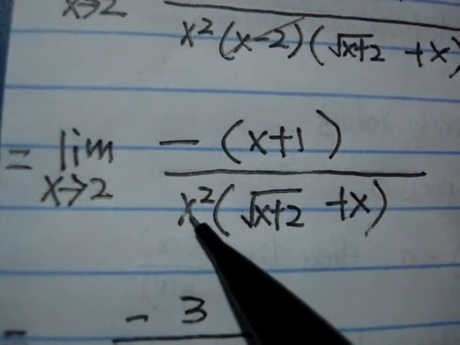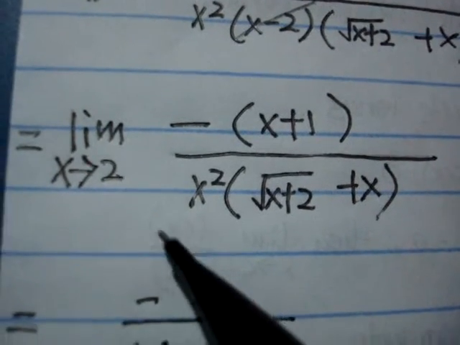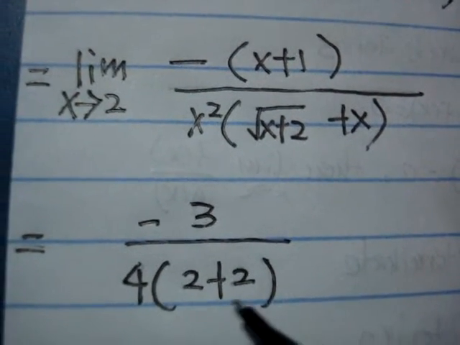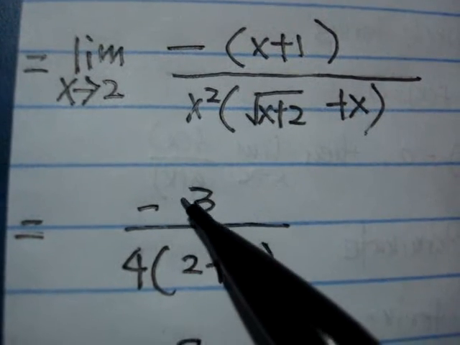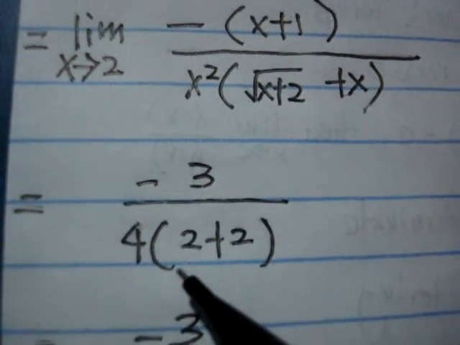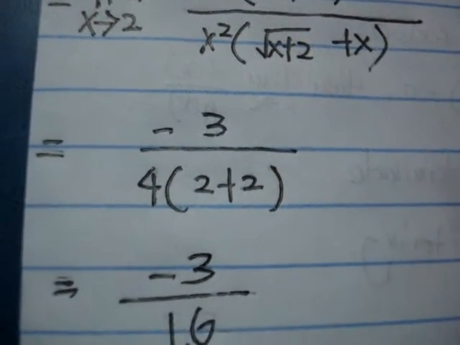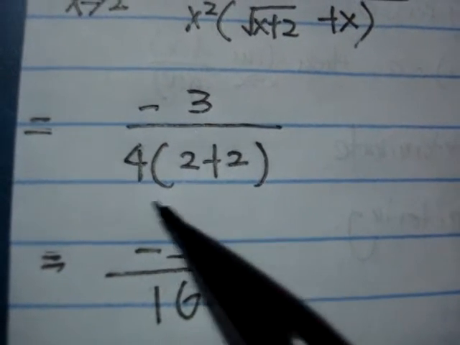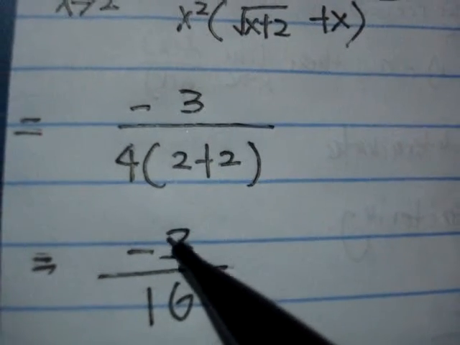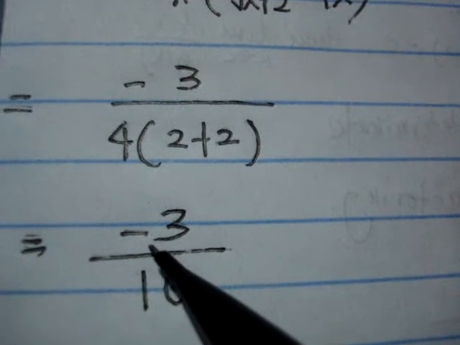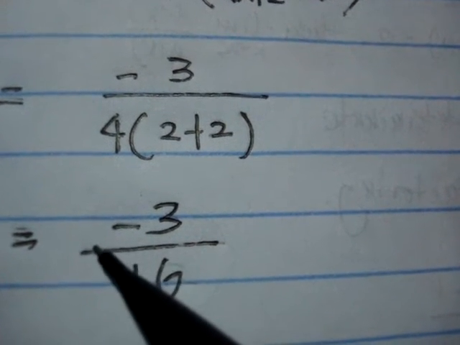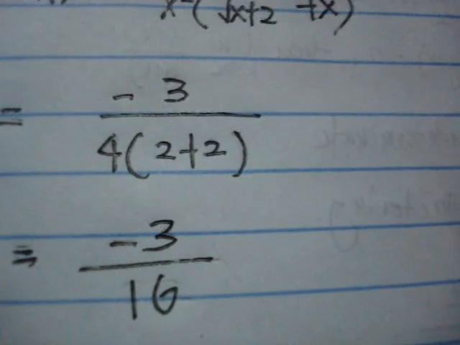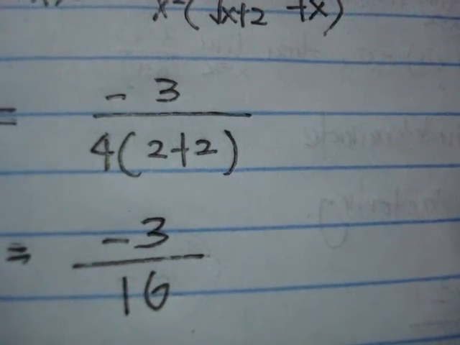And every x in the denominator, you plug in 2, and you will get this. This is basic addition and subtraction. So negative 3 divided by 16 is a constant answer. Once you reach a constant answer, that means that is the final answer for this particular limit.